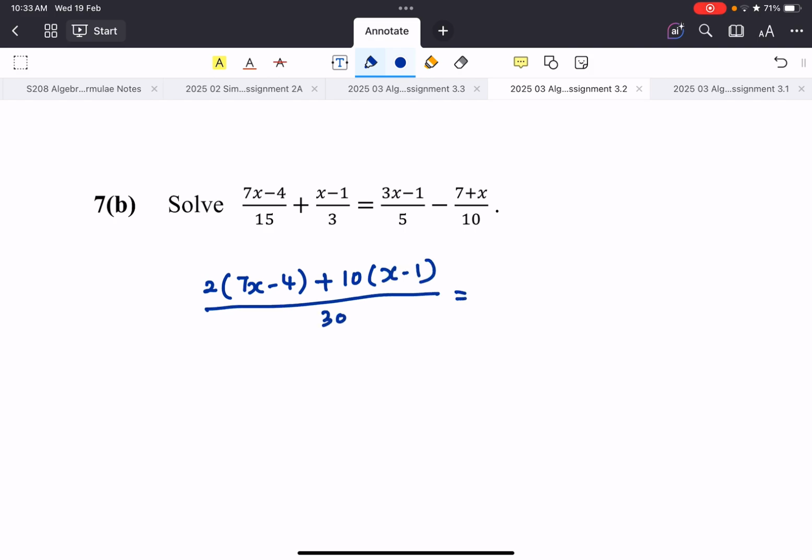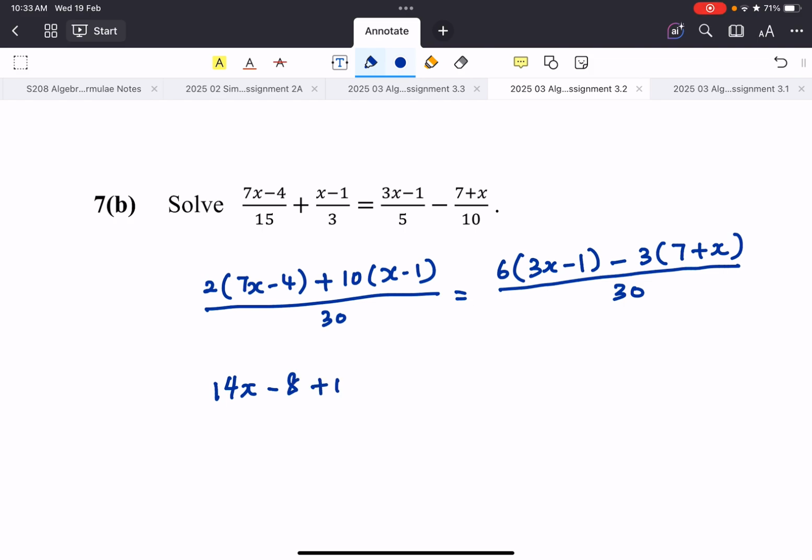And over this side, to get 30, I need to multiply by 6, so 6(3x minus 1), minus 3(7 plus x) over 30. Since the denominator is the same, the numerators are equal, so we can compare them. We have 14x minus 8 plus 10x minus 10 equals 18x minus 6 minus 21 minus 3x.